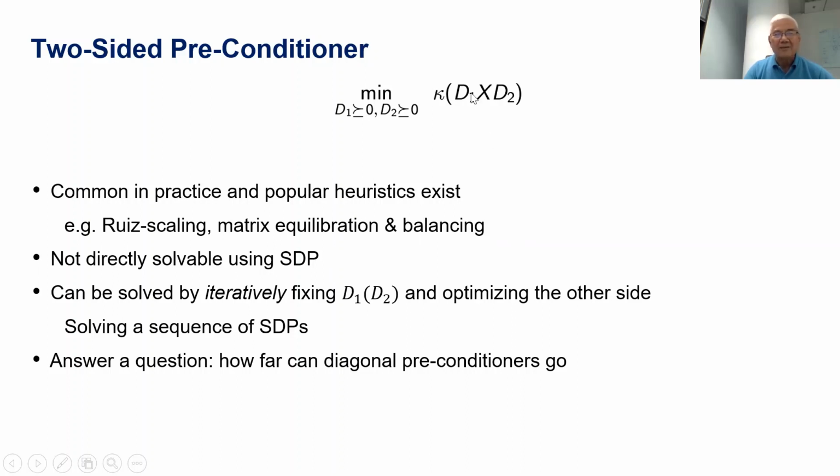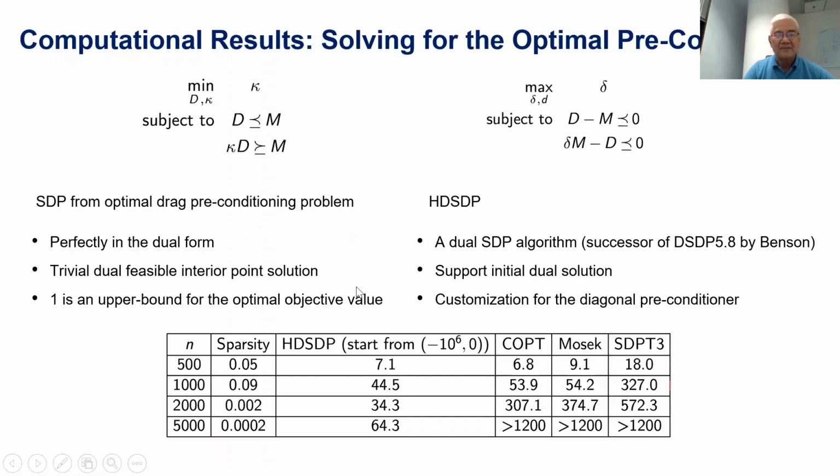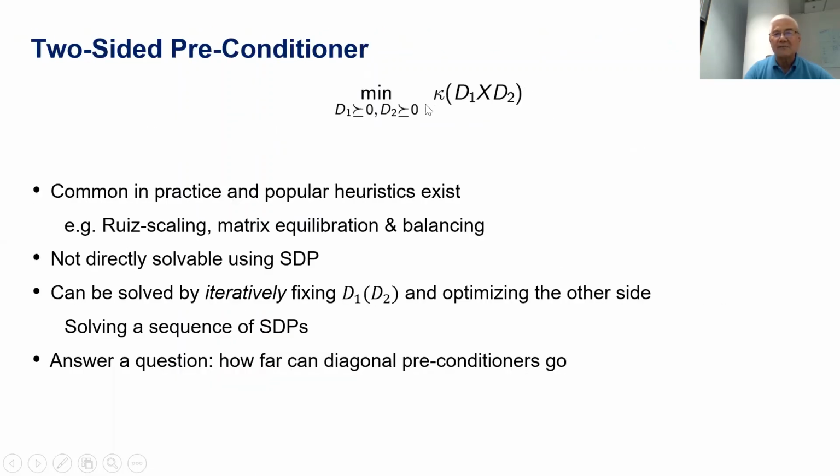What I wanted to point out is that even for this problem, the function is still quasi-convex, so you can use some kind of bisection, and you can still solve this problem in polynomial time. You just need another log 1 over epsilon factor.